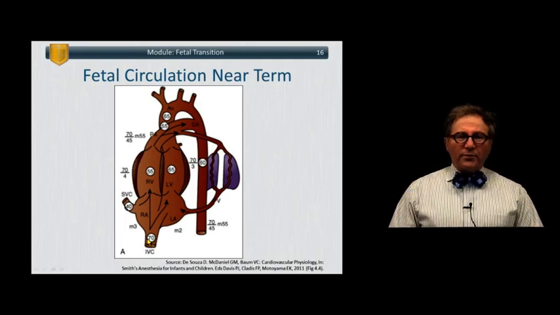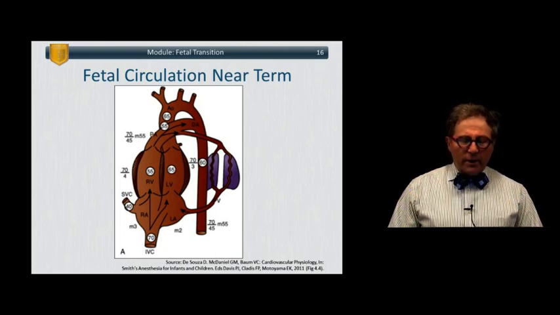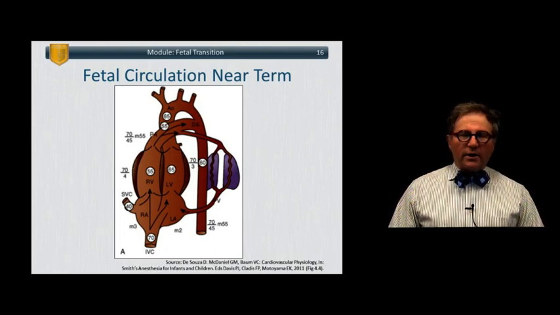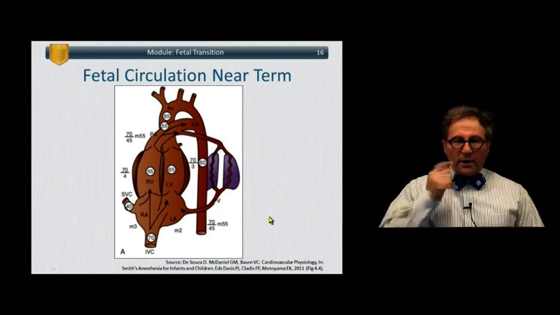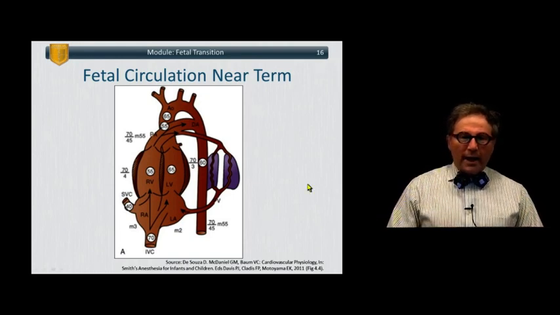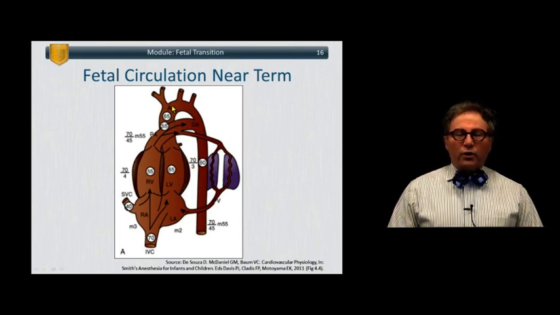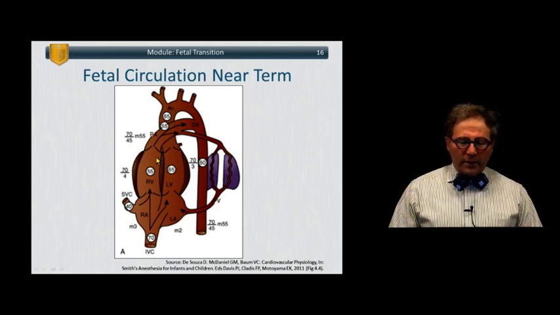First is that 60% or more of the oxygenated blood from the placenta comes back through the ductus venosus and into the left atrium and ventricle to emerge into the aorta and perfuse the coronary arteries and the brain.